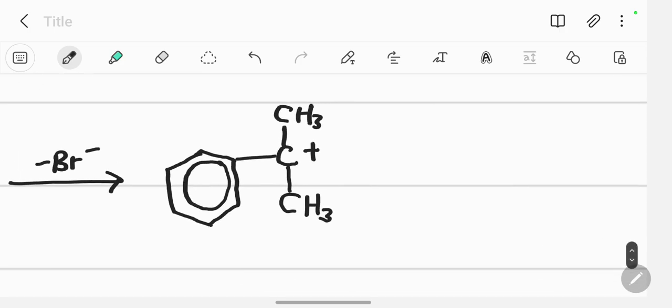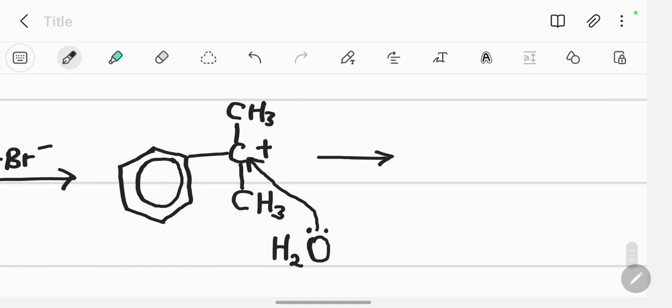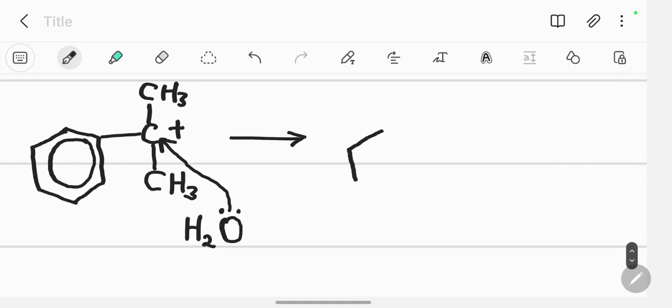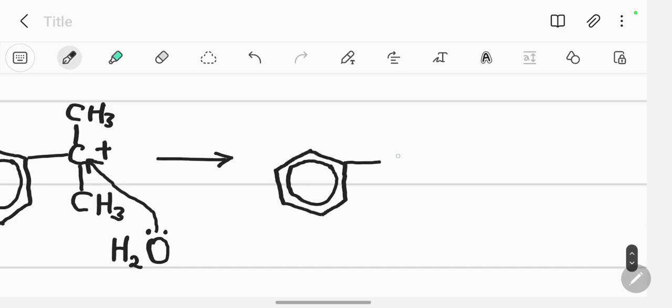Now at this very step I'm having water there, but this water has lone pairs of electrons. So using those lone pairs of electrons, our water molecule is going to attack that carbon atom, and we shall end up forming CH3.